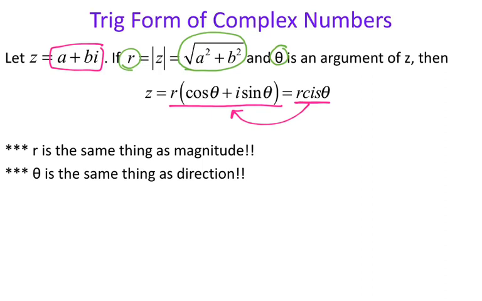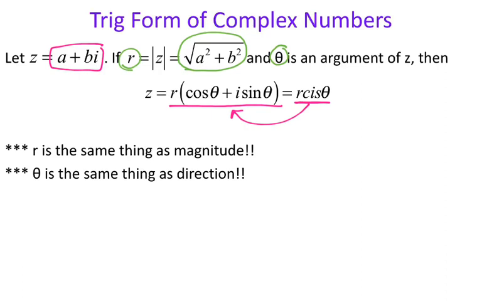And theta is an argument of your complex number, meaning that if you were to graph that complex number, what would that angle measurement be that has the visual representation of that complex number when you graph it? So once I have theta and r, I can write my complex number in trig form.